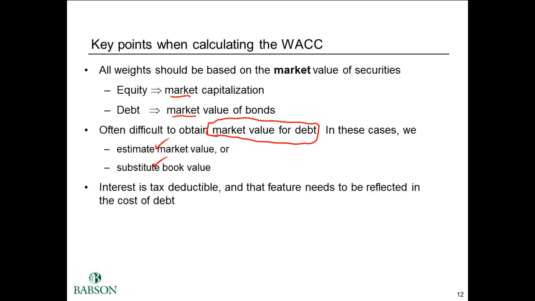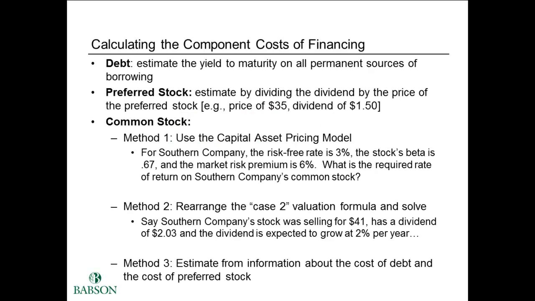The other thing that we want to recognize is that as a company, just like the mortgage debt, if we make interest payments as either a company or on a personal basis, that's tax deductible. So we have to adjust for that as well. So how do we calculate the cost for each of these?